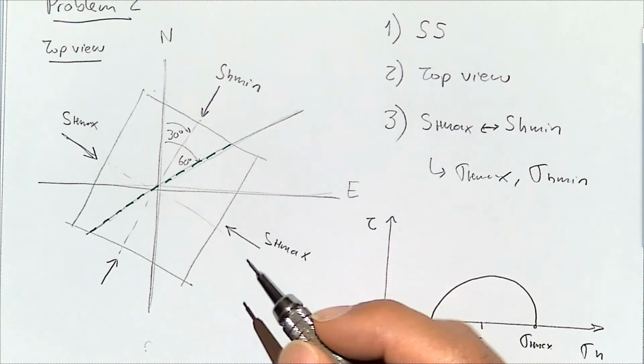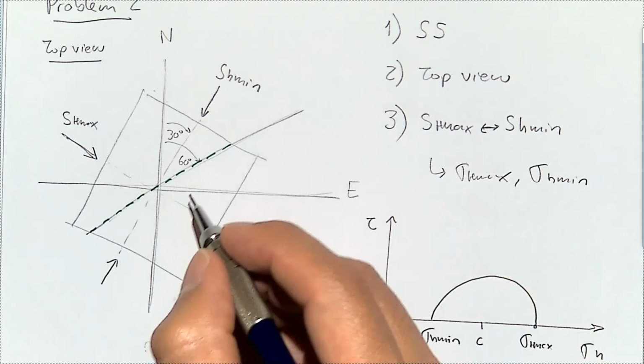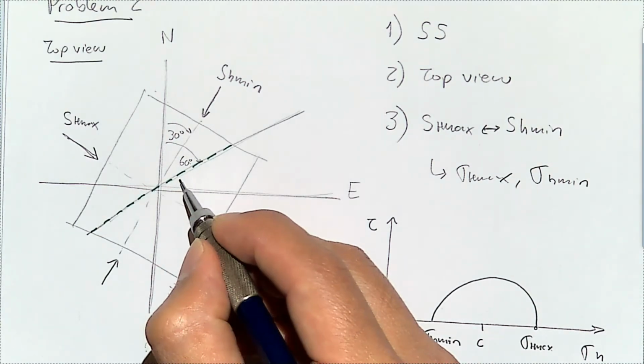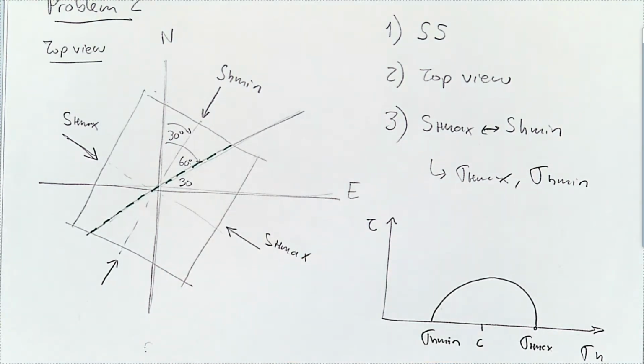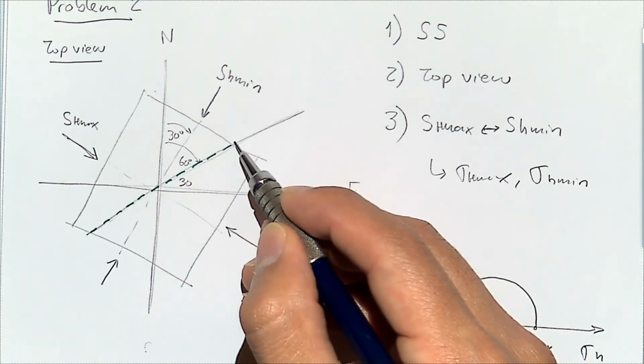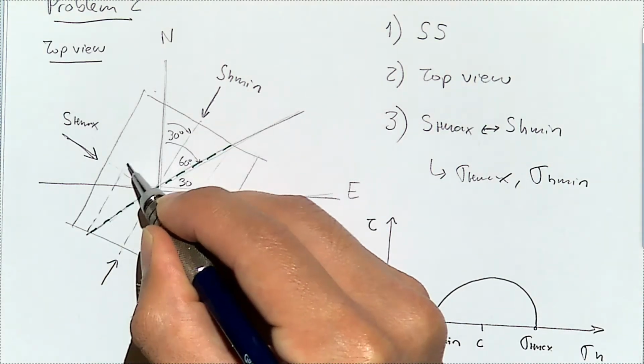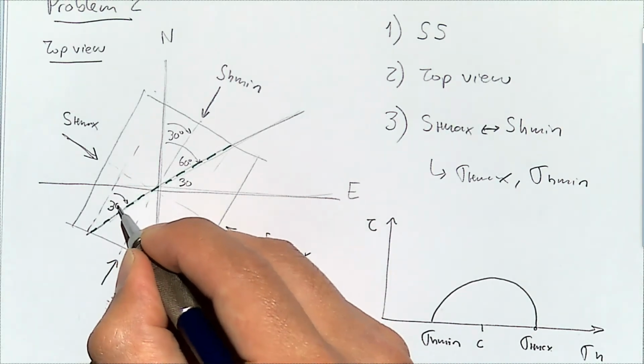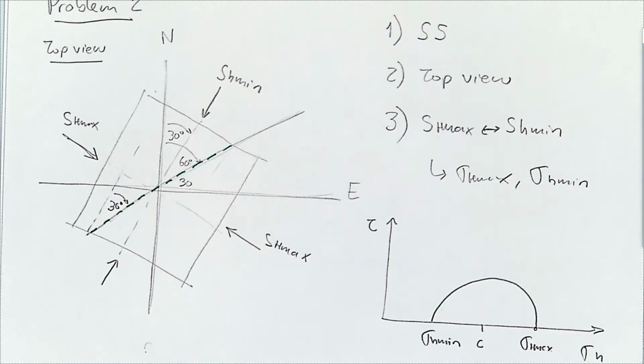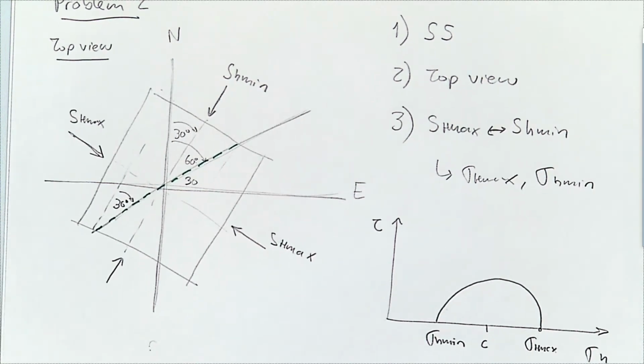Because if you use trigonometry, you will see that if this is 30, this is 60, this one must be 30, and if this one is 30 degrees, also, let me do, the easiest one is this one. This one is 30 degrees as well. Probably, I don't know if you guys remember these rules of the opposite angles with respect to two parallel lines. That's what you need to use in here.